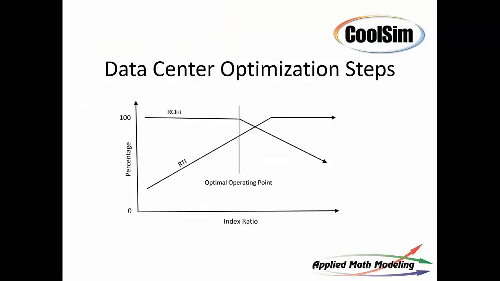So here's a graph of how this all works together. As you drive RTI up, remember that the air supply is in the denominator, and the rack requirement is in the numerator of this relationship. As I reduce the air handler volume, that ratio increases until it gets to a certain point where it'll start to show hotspots.